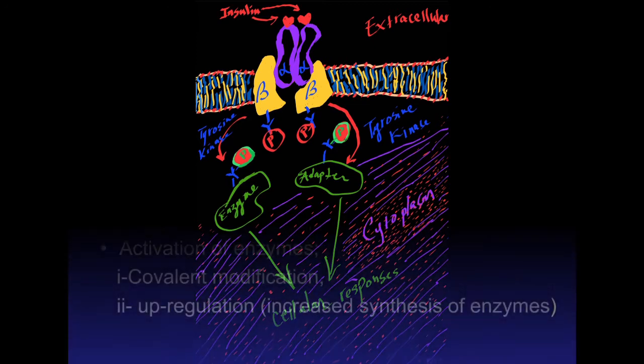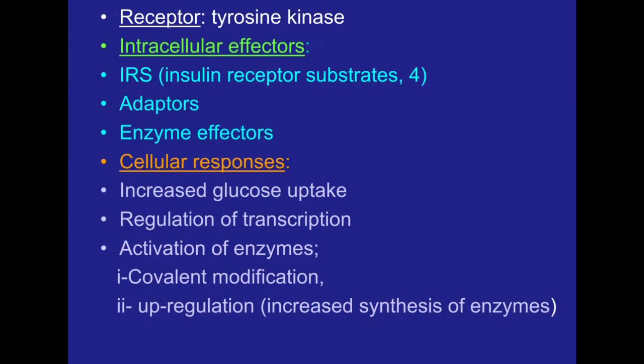Okay, so here's a little summary of some of the important substrates for the tyrosine kinase activity of the insulin receptor. Obviously, first it has to autophosphorylate, meaning phosphorylate specific tyrosine residues that are part of the beta receptor. These aren't free tyrosines.